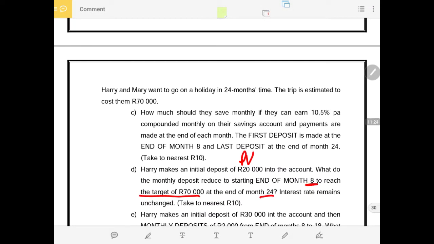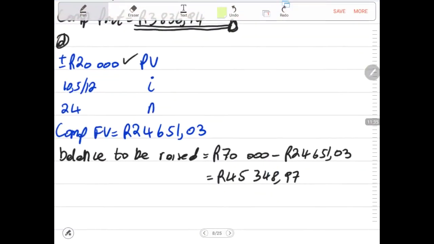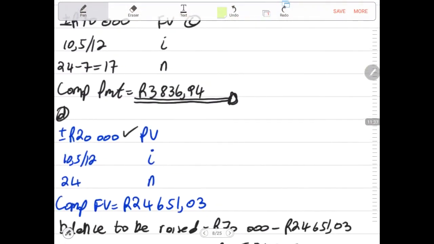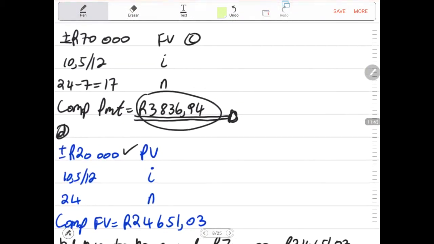These monthly payments starting end of month number 8 will no longer be the same as the monthly payments that we calculated previously, which were the 3,000, because those payments were under the assumption that they need to come up to 70,000 rands.